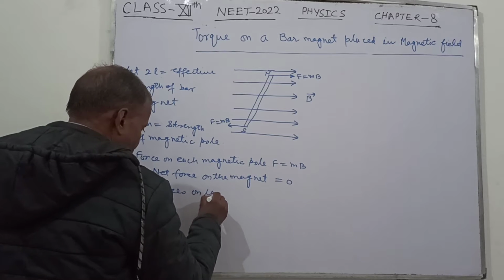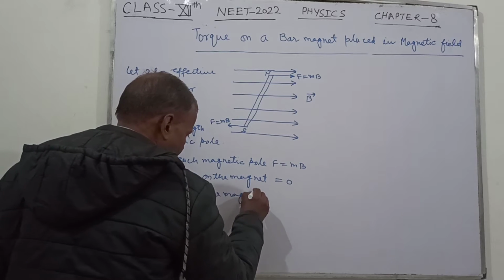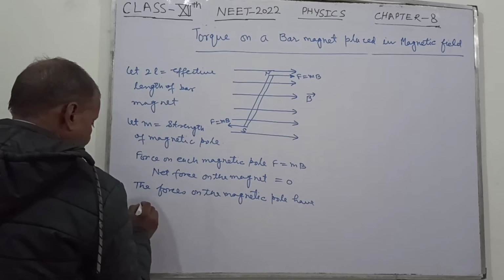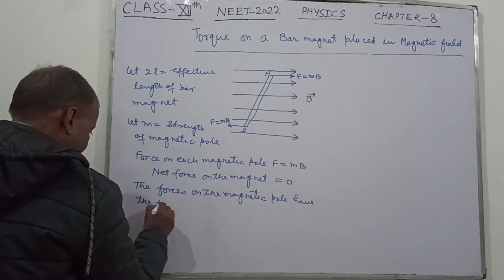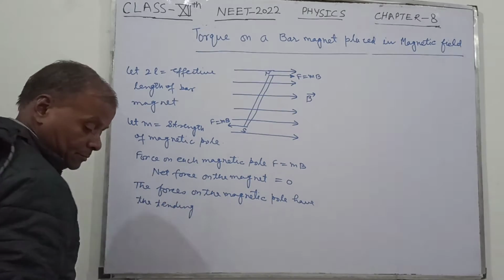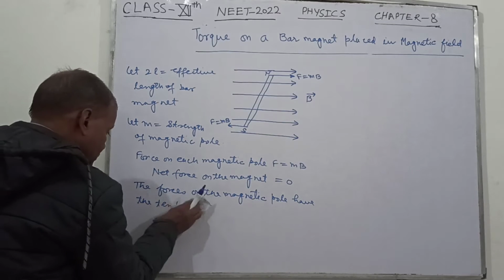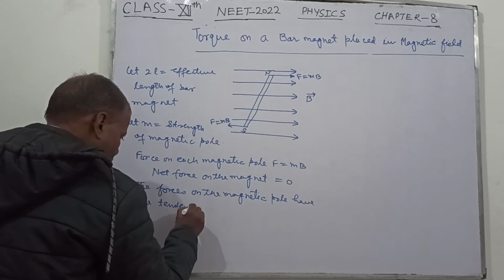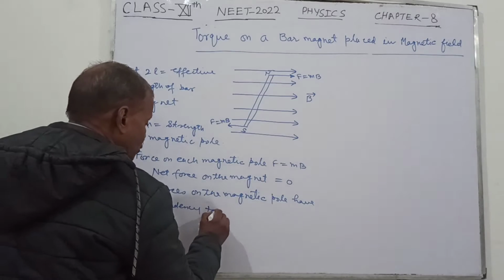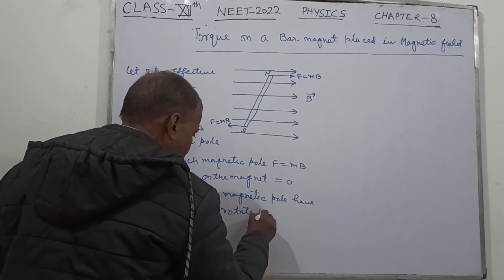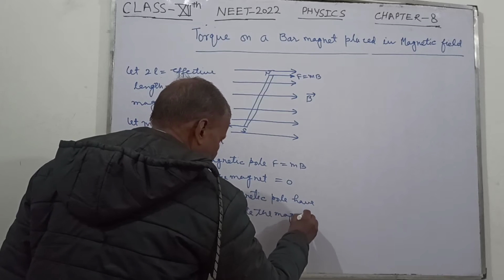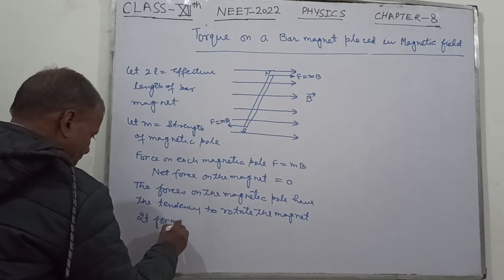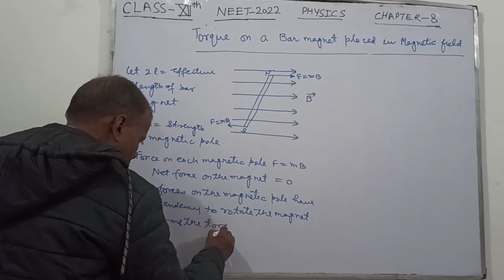The forces on the magnetic poles have the tendency to rotate the magnet. So it forms the torque.